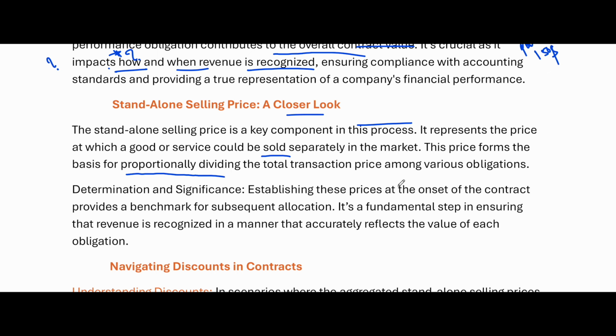Establishing these prices at the onset of the contract provides a benchmark for subsequent allocation. It's a fundamental step in ensuring the revenue is recognized in a manner that accurately reflects the value of each obligation. In journal entries you are showing them separately, but you are not showing the actual standalone prices available in the market if you provided those services separately, but you are providing a lump sum.